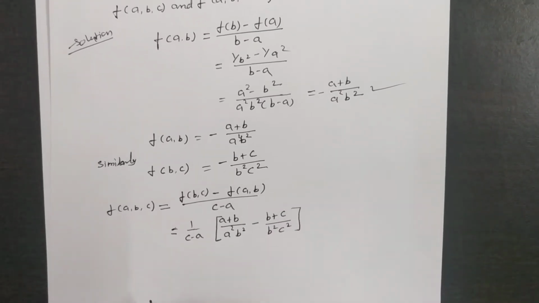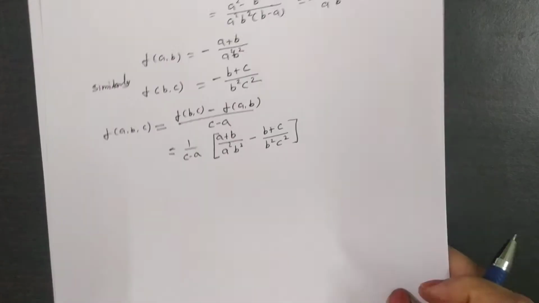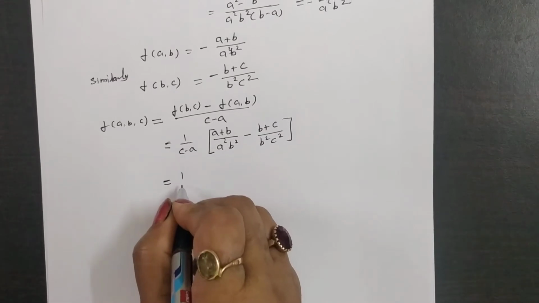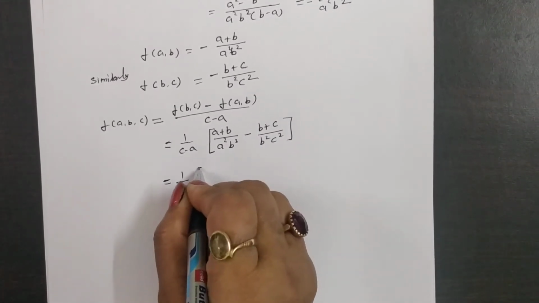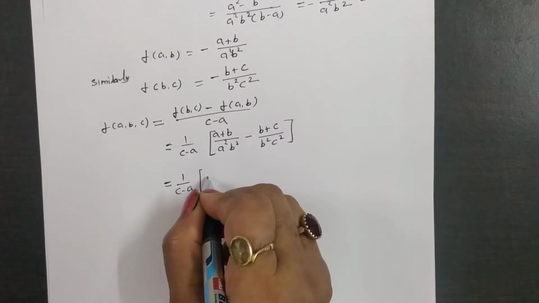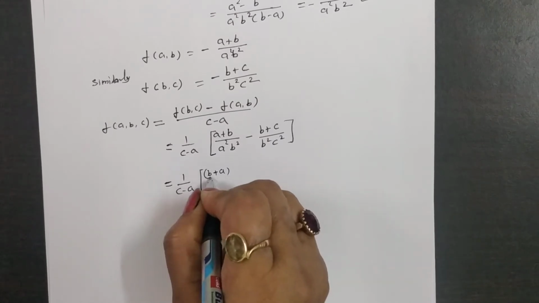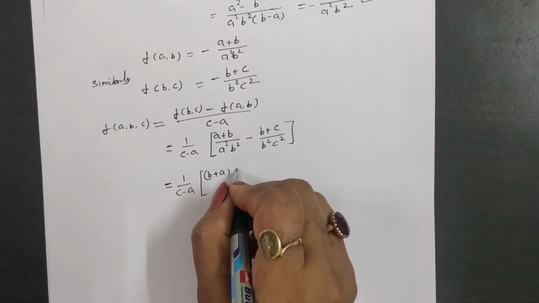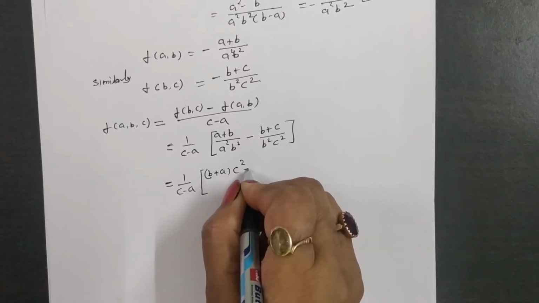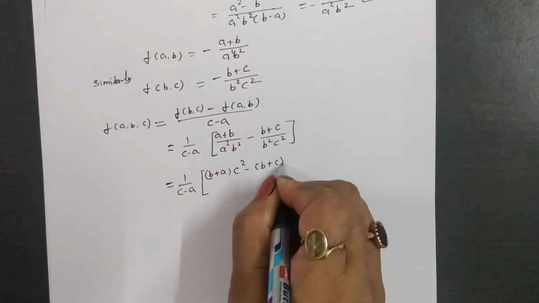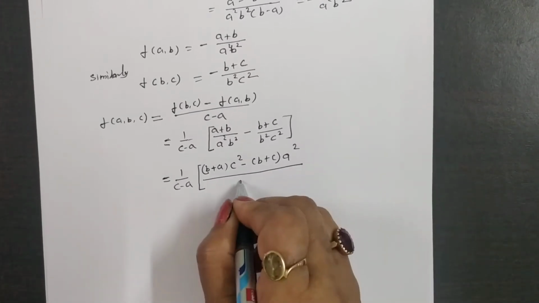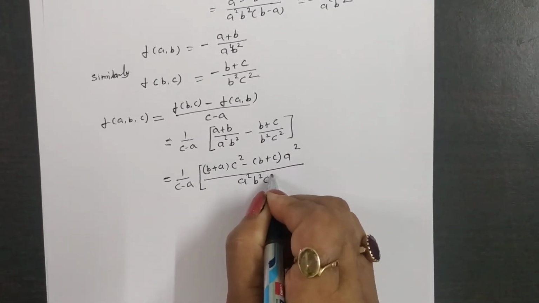Now if you calculate this, you get 1 by c minus a, times a plus b multiplied by c square, minus b plus c multiplied by a square, divided by a square b square c square.